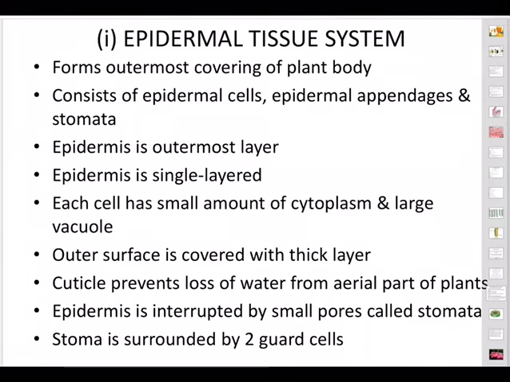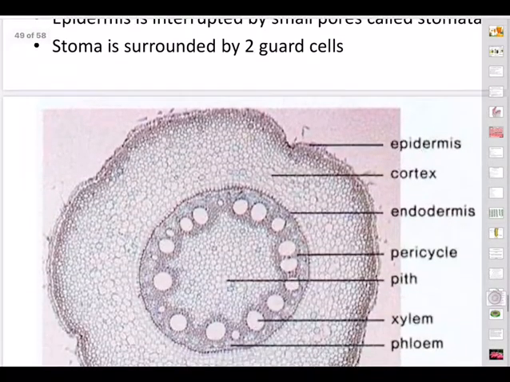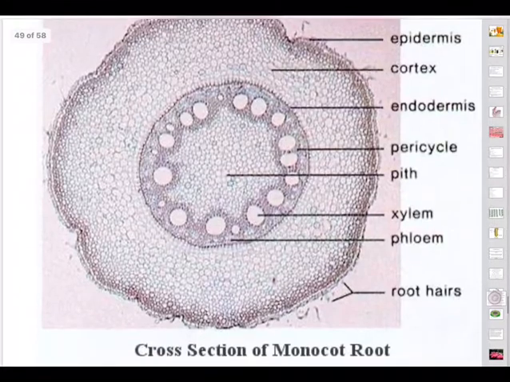Cuticle prevents loss of water from aerial parts of the plants, so it is a water saving device. And epidermis is interrupted by small bean-shaped or cashew nut shaped cells called stomata. And a stoma is surrounded by two guard cells, as you have seen already in the junior classes.